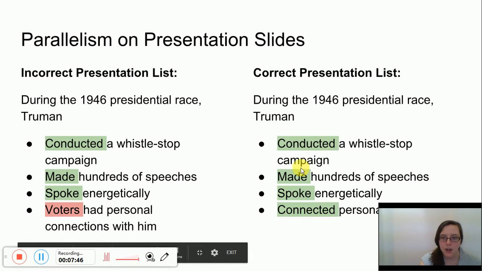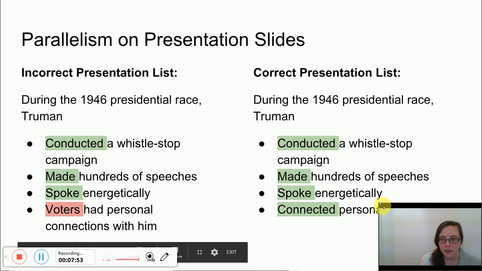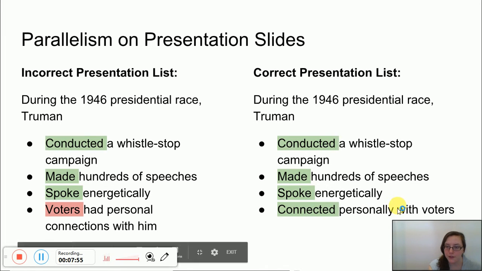"Conducted a whistle-stop campaign, made hundreds of speeches, spoke energetically, and connected personally with voters." So past tense verb, past tense verb, past tense verb, and past tense verb. We have that, again, parallel structure.